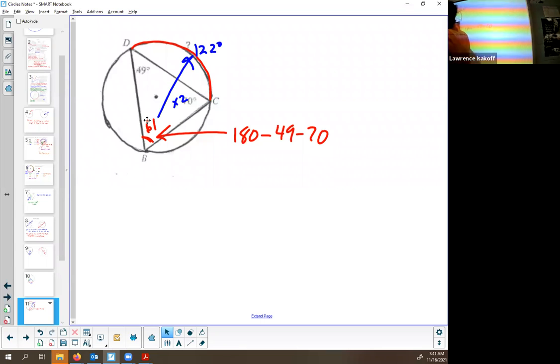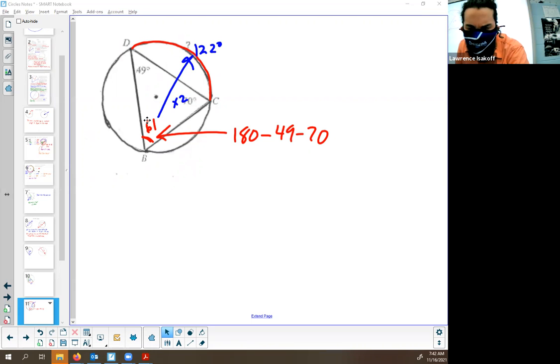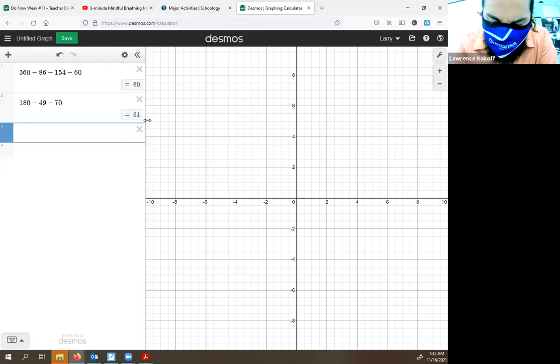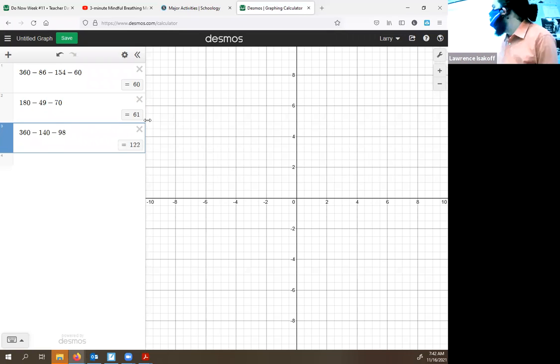Alternative way you could have done this, you could have doubled 70, gotten this is 140. Doubled 49, gotten this is 98. You do 360. We'll actually quickly do that on Desmos. 360 minus 140 for doubling 70 and 98 for doubling 49.